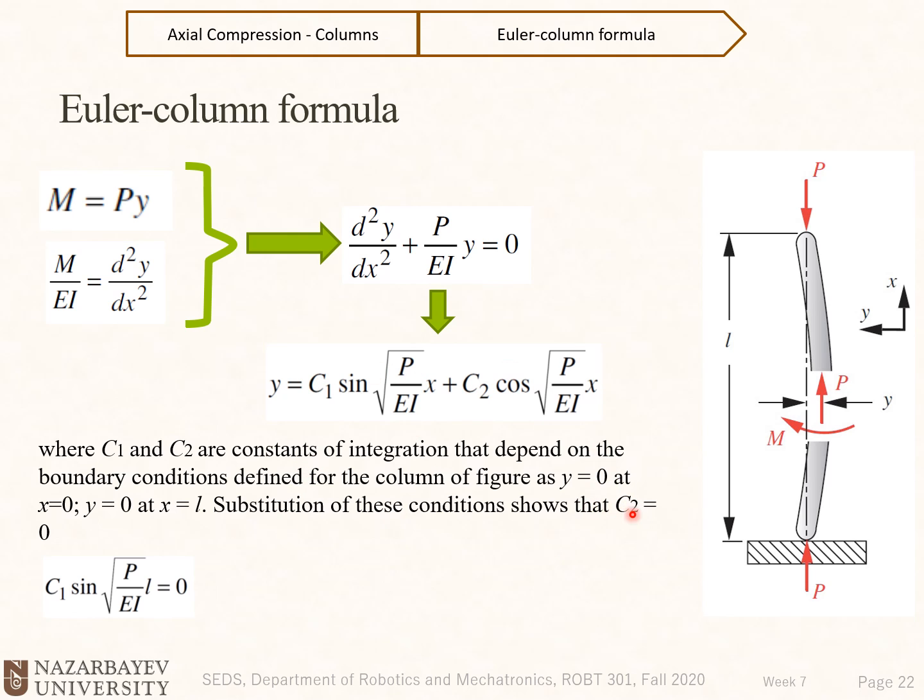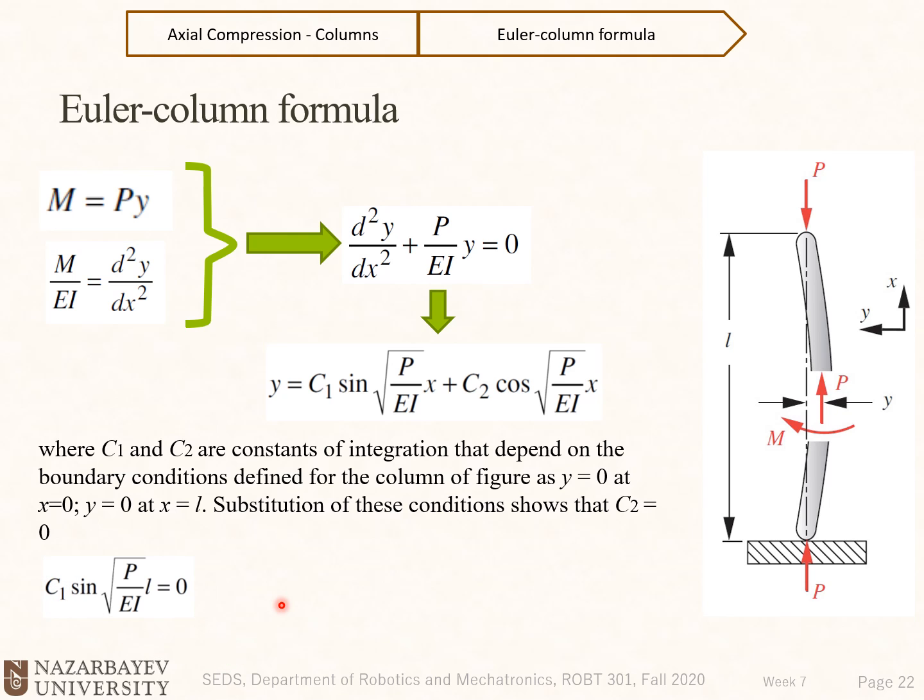So you will see that C2 is 0 and C1 sine of square root of P divided by EI times L is equal to 0. So C1 should be a non-zero constant, because otherwise we will have a trivial solution, and Y always will be 0, which is not true. Okay, so we know that C1 is not 0.